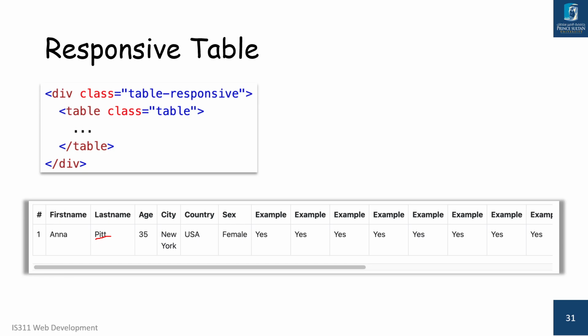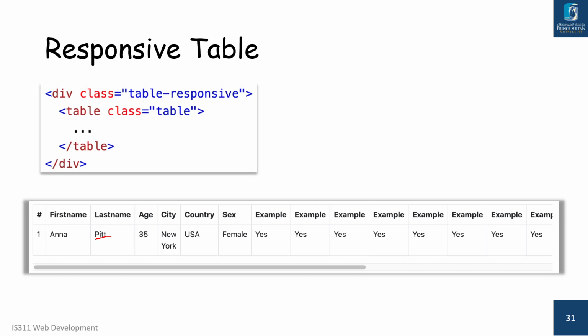Then we also have a responsive table. A responsive table responds to the screen size. Normally when we have applied tables, the content automatically wraps and the columns go to the next line.